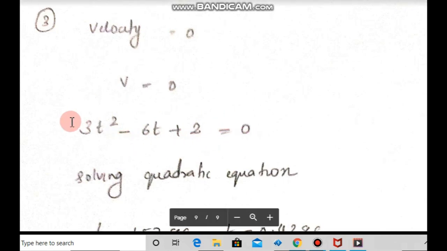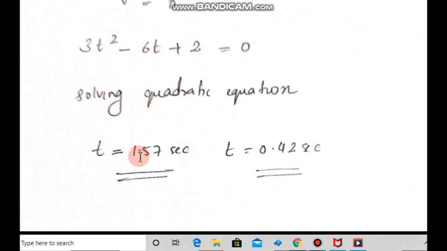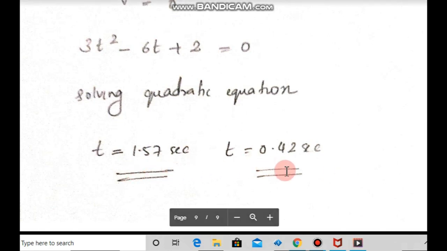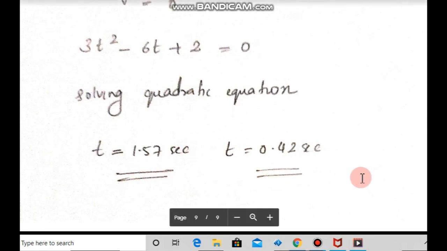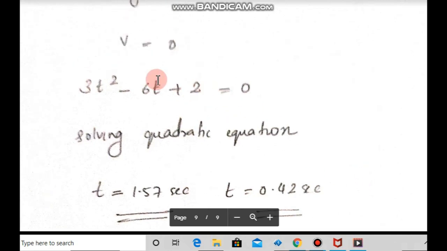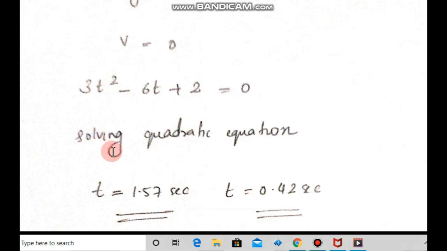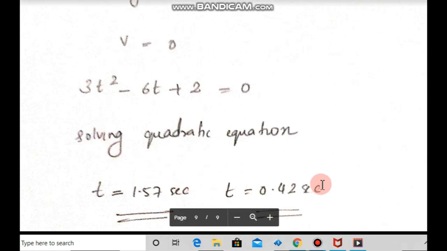This is a quadratic equation and you can solve it using a calculator. You get two values for t, 1.57 and 0.42 seconds. This means that when t is 1.57 seconds and when t is 0.42 seconds, the velocity is 0. The time at which velocity becomes 0 is at both these times.